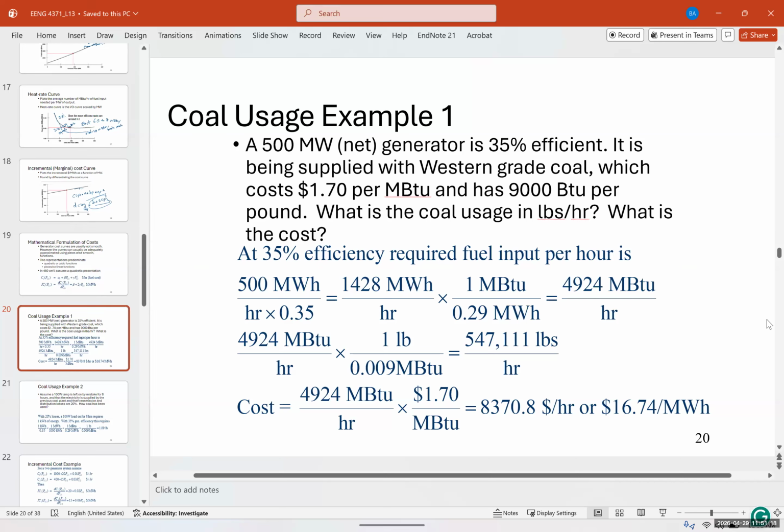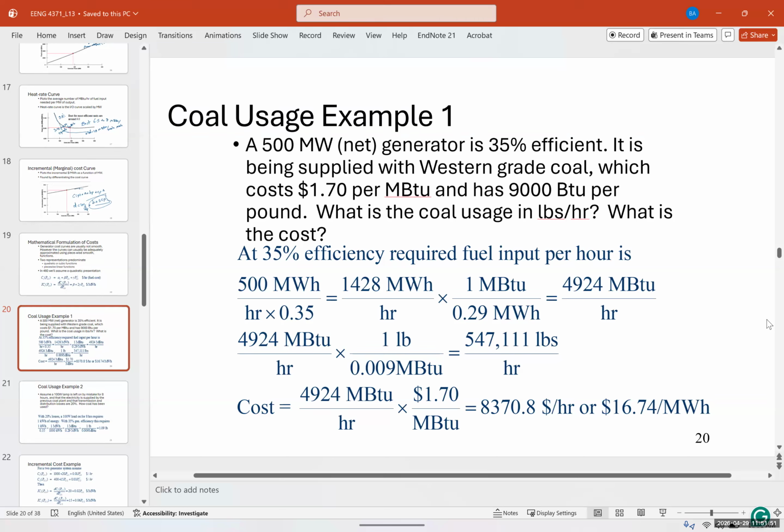So at an efficiency of 35%, the required fuel input per hour would be 500 megawatt hour over hour divided by 0.35, the efficiency. It's going to be 1428 megawatt hour over hour times 1 MBTU over 0.29 megawatt hour, which is going to be 4,924 MBTU over hour.